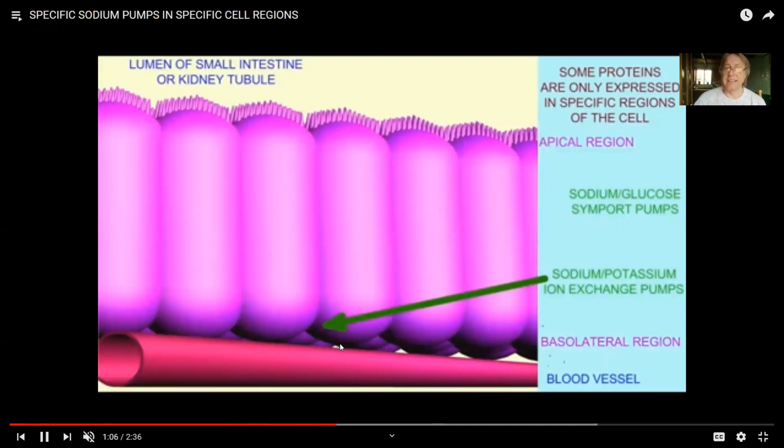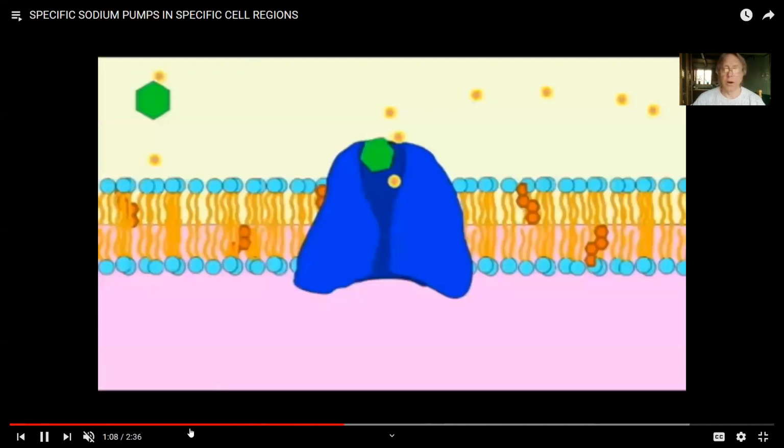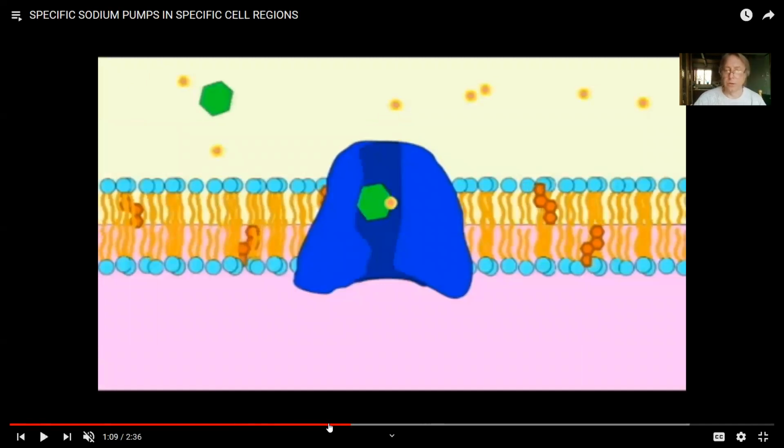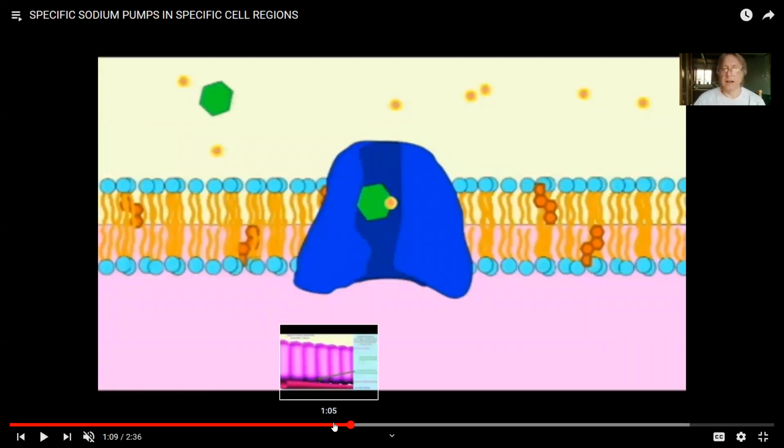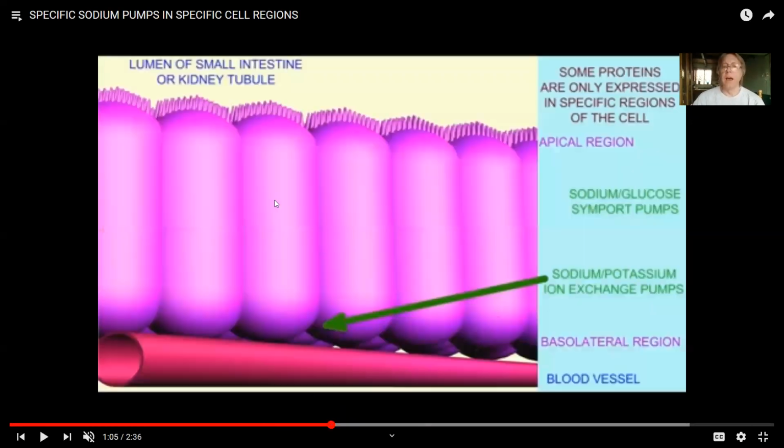So that's a key. These sodium-potassium exchange pumps are expressed in the basolateral membrane, not the apical membrane. When they are active, sodium then goes from these cells into the blood. That lowers sodium concentrations here, so more sodium comes in, it gets pumped out. More sodium comes in, it gets pumped out.